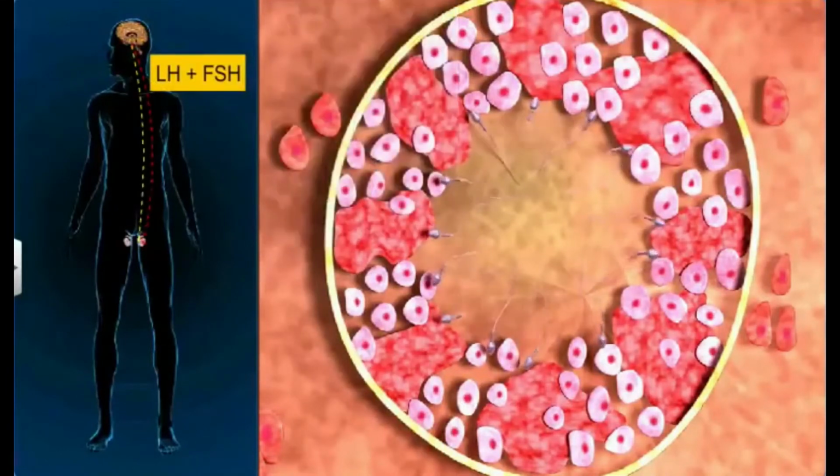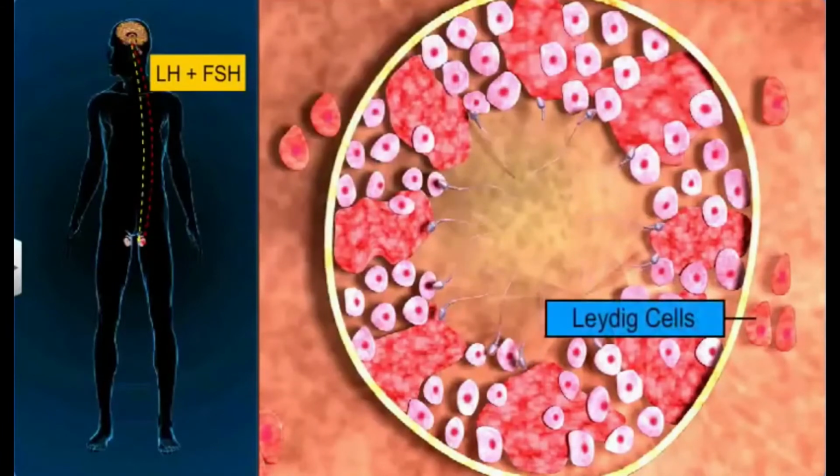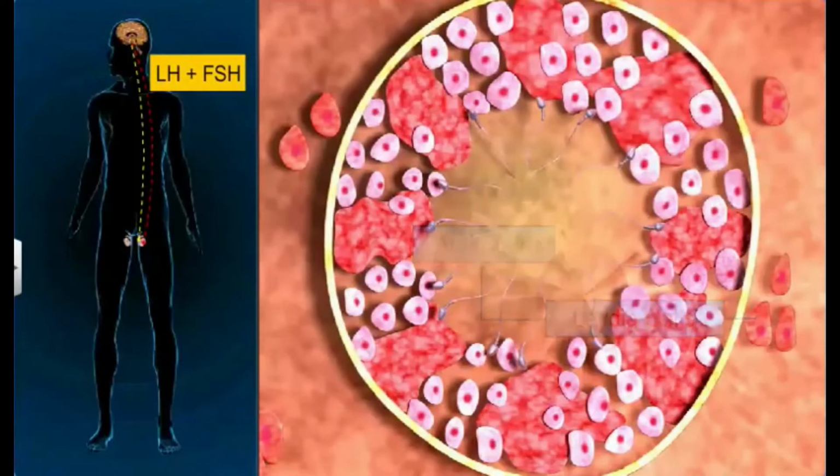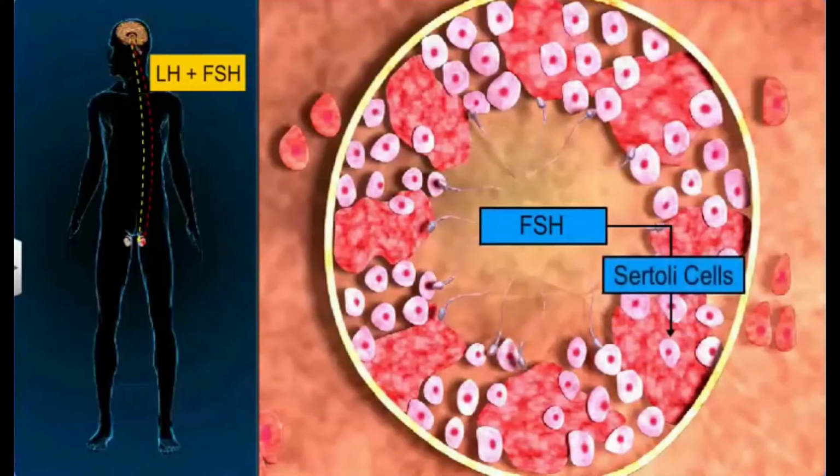LH in turn stimulates the Leydig cells to synthesize and secrete androgen, a hormone that triggers spermatogenesis. FSH, on the other hand, acts on the Sertoli cells to stimulate the secretion of substances that nurture the sperm cells during spermatogenesis.